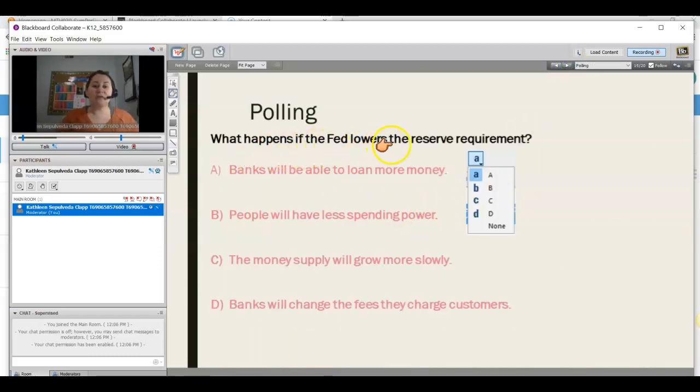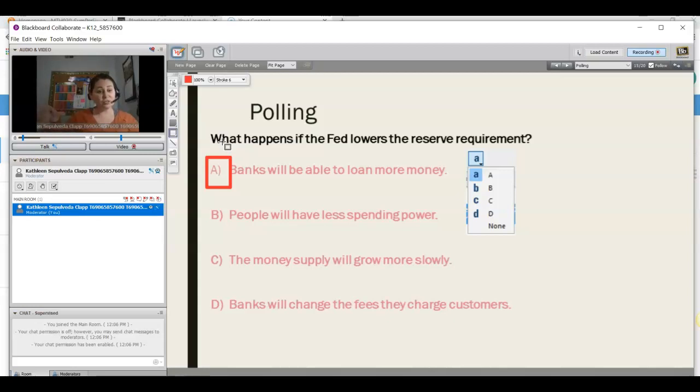What happens if the Feds lowers the reserve requirements? So if the Federal Reserve lowers their reserve requirements, banks will be able to loan more money. Again, more money, more spending power for us people, because just like I told you before, if the interest rates are low from the Federal Reserve, then the interest rate that the bank is going to charge you is probably going to be a little lower than if it was higher, because the bank wants to earn a profit too.